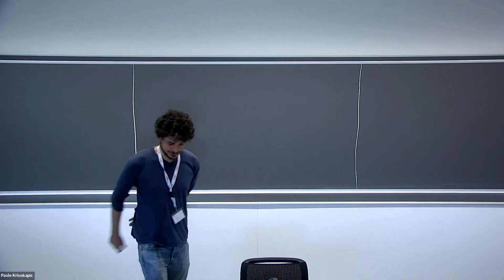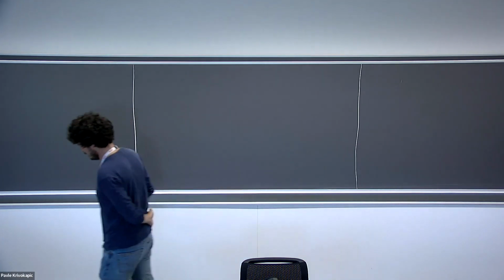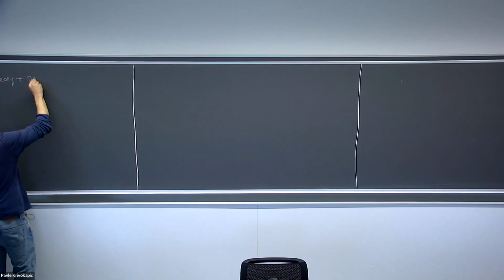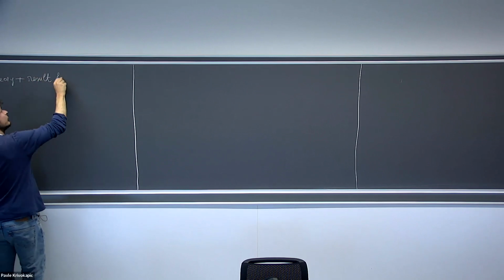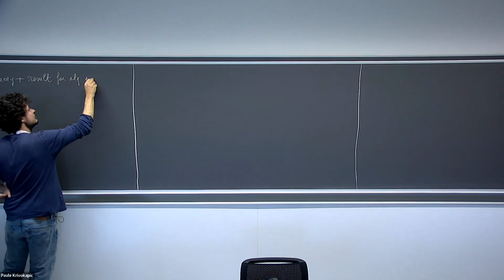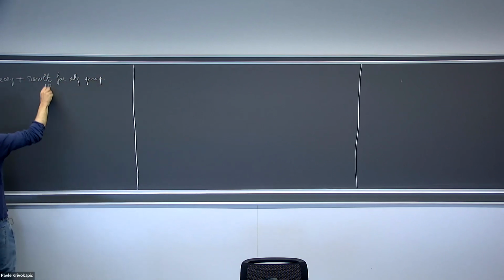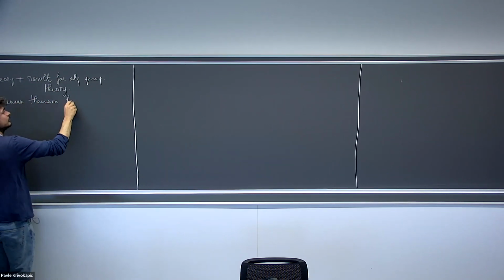So hello, good morning. Let me recall what we said last time. We used classical Galois theory plus results from algebraic group theory to prove some kind of Ax-Lindemann theorem for the exponential.